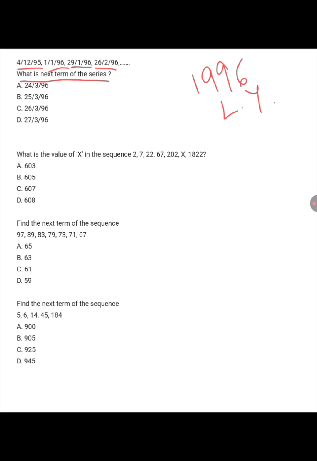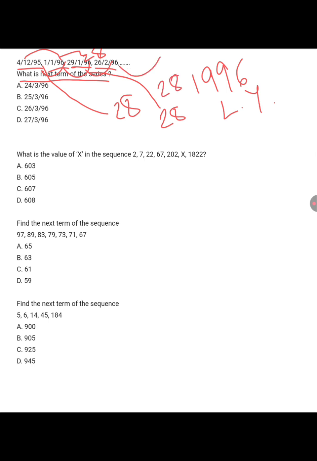If we find the gap between these two dates, we get 28 days. The gap between these two dates is 28 days, and between these two dates is also 28 days, and these two dates is also 28 days.